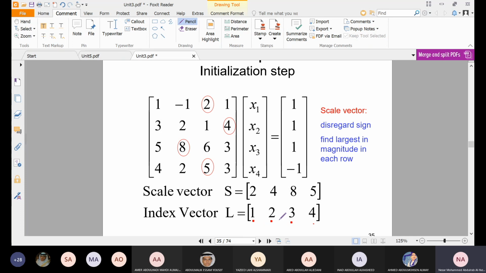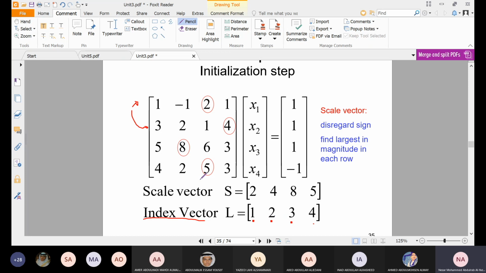Why do we need this? This index vector will help us to have changes in the index vector. If I do swapping here, I will do the swapping between the indexes, not between the rows. So if I decide, for example, that row number 2 is the fifth row, I have to swap it, for example, to be number 1. By using this index vector, no need to swap between the rows.